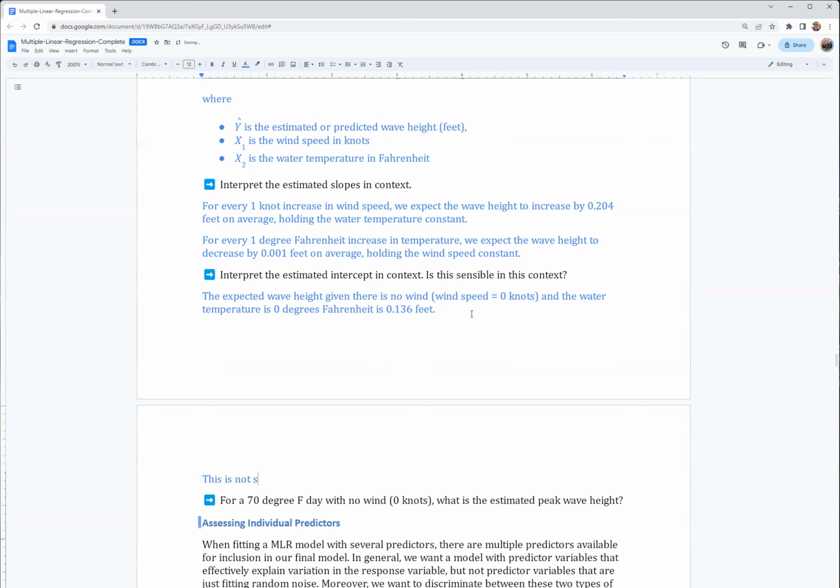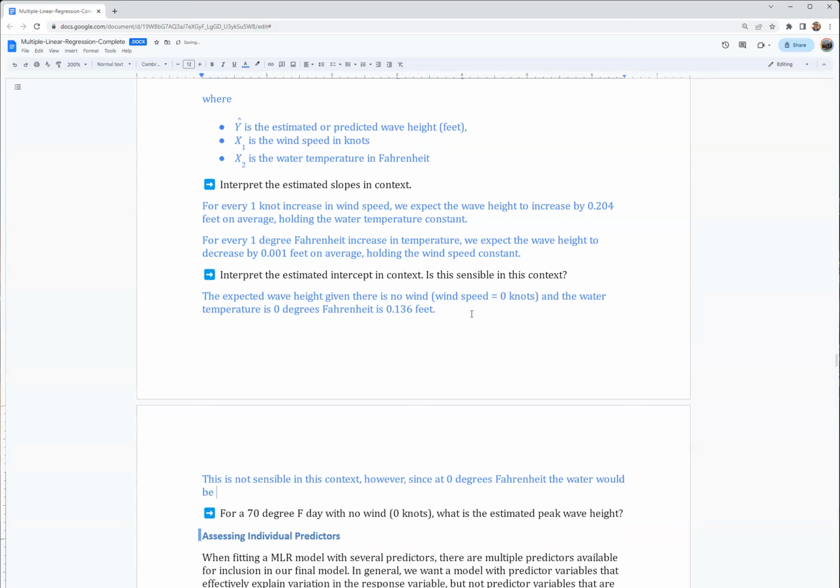So this is not sensible in this context, since at 0 degrees Fahrenheit, the water would be frozen. Maybe if it were Celsius, that's right at the freezing point, so maybe the lake is at 32 without being frozen.